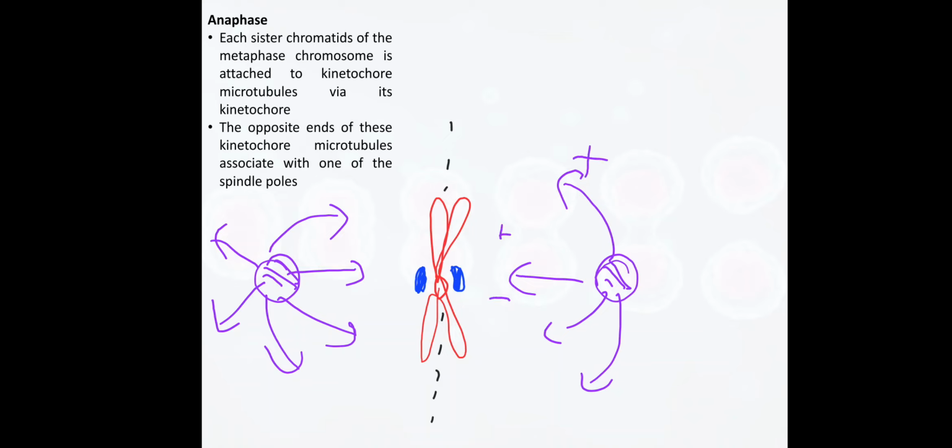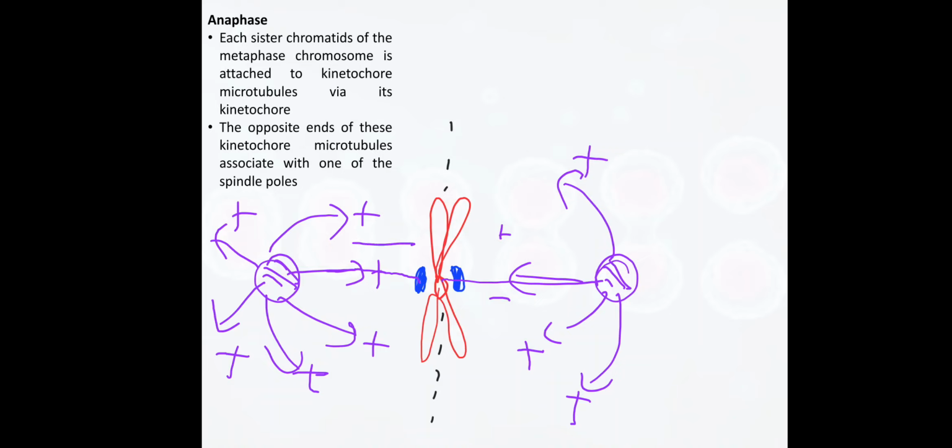Plus ends are towards the center, away from the pole, right? So this microtubule gets attached to what? It gets attached to the kinetochore, or simply I can draw it like this. So this becomes a kinetochore microtubule, to which the kinetochore is attached, right?